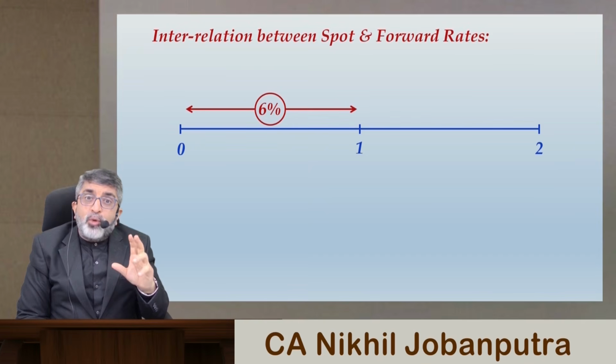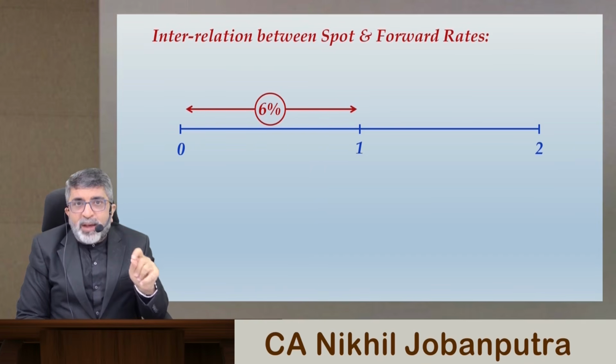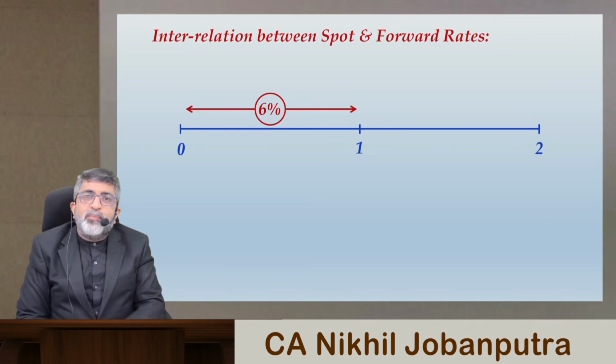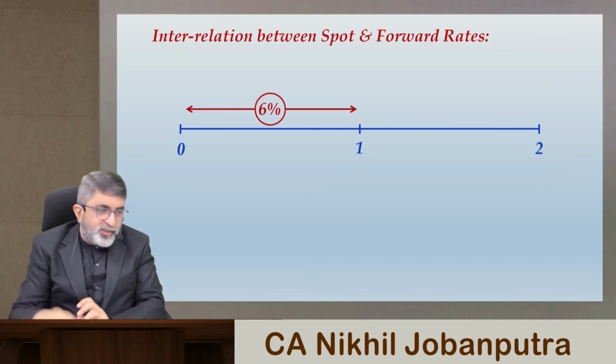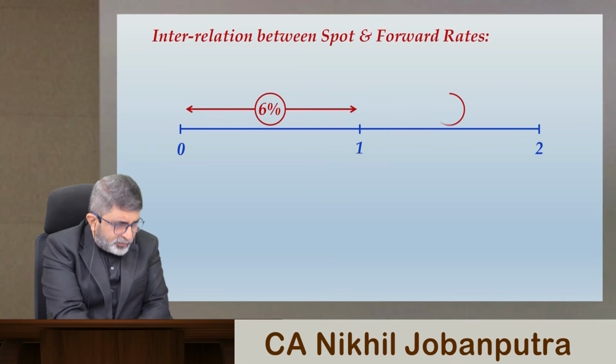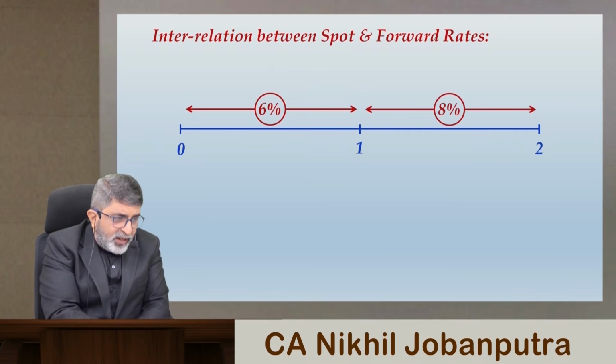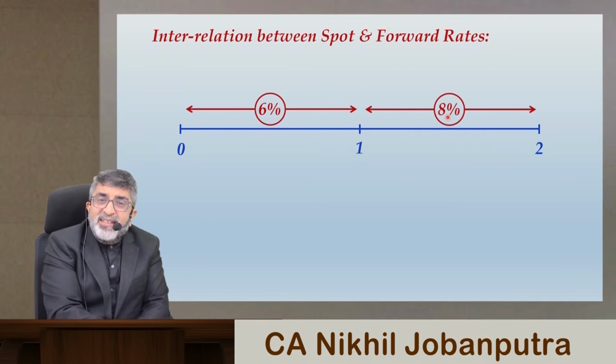Spot rates are also known as zero coupon rates. That is why Z1, Z2, Z3, etc. can be used as symbols for spot rates. So here I have mentioned 6% as the spot rate for 1 year, and the other rate that I am mentioning is 8%. But look at one thing, that 8% is the rate applicable from year 1 to year 2.